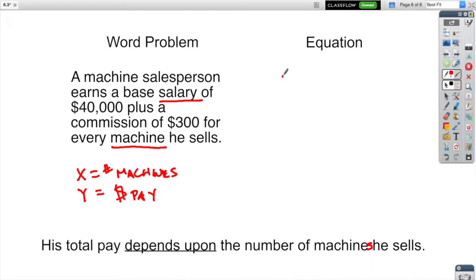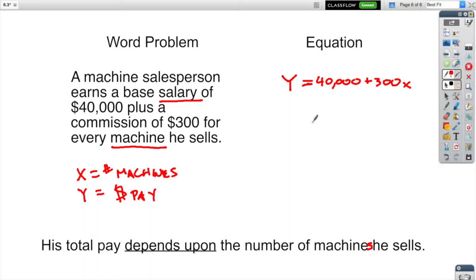So his total pay, Y, is going to be what? Well, it's going to be his base salary of $40,000 plus a commission of $300, but only if he sells more machines. So $300 per machine, which is X. So plus 300X.